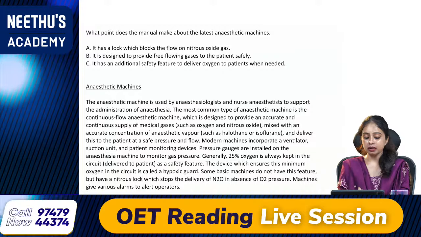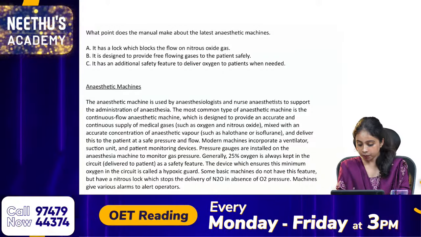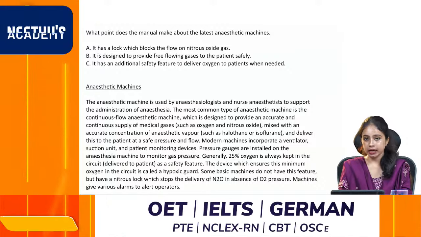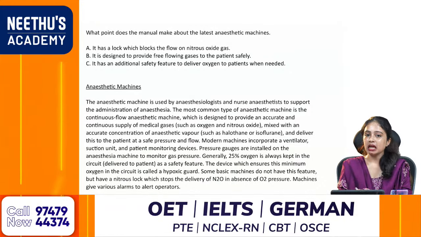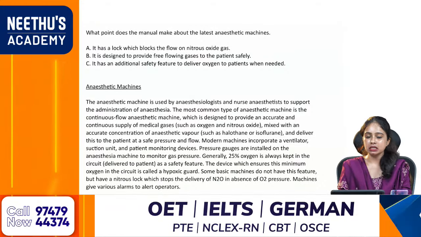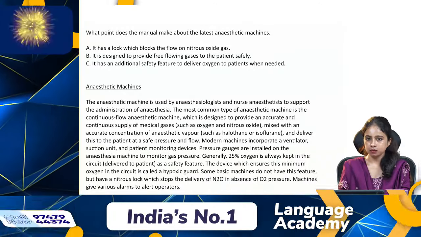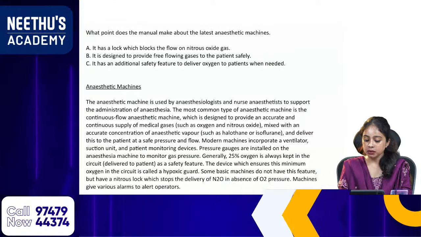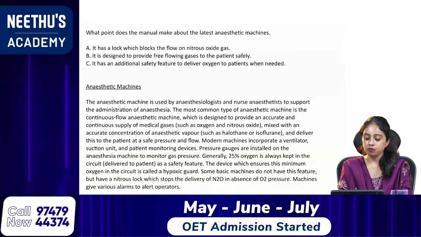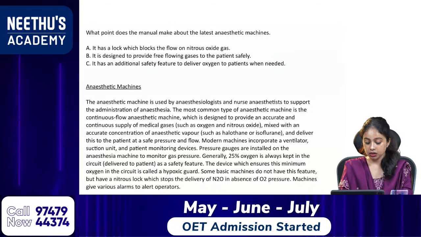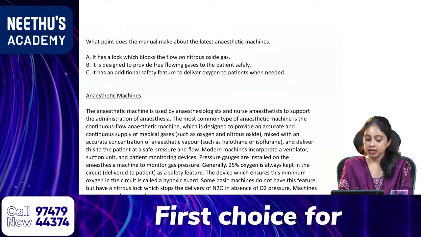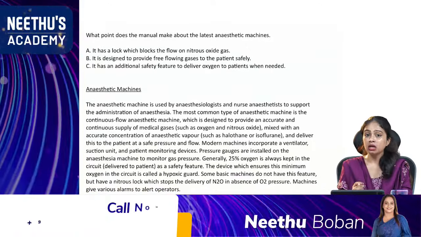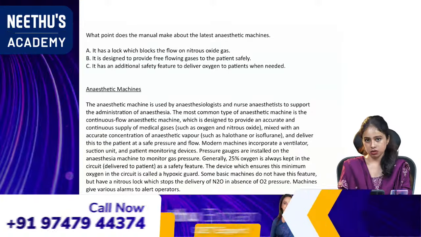So when you are reading the first line, till where? Till the sixth line, we haven't seen anything related to latest anesthetic machines. Correct? So read the very next line. Modern machines incorporate a ventilator, suction unit and patient monitoring devices. So there we can find something related to latest anesthetic machines.